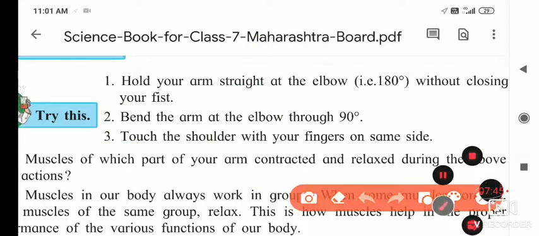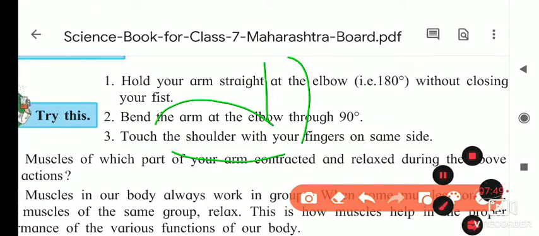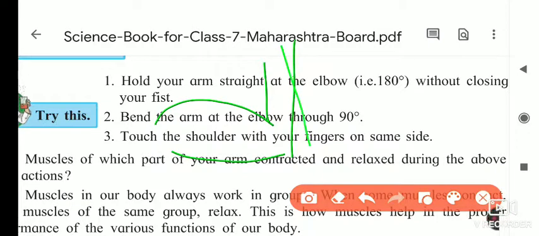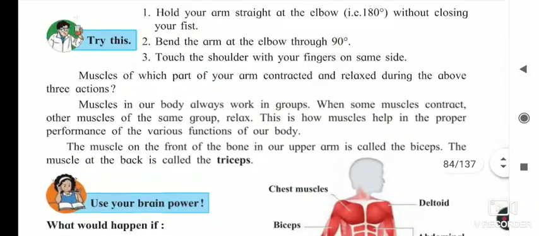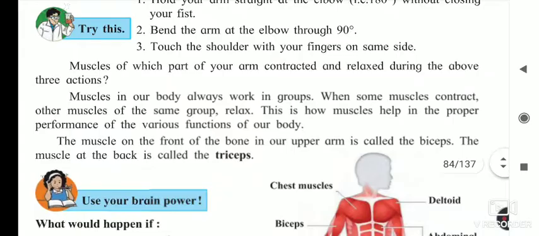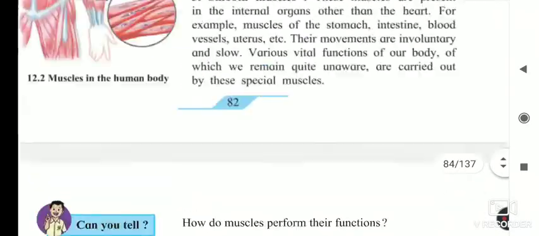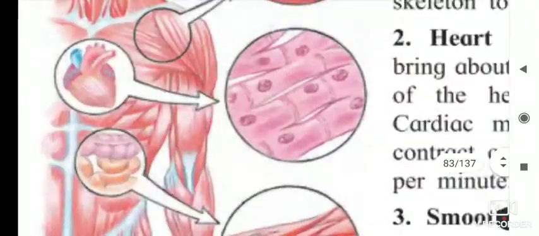Now you will notice that the upper part of our arm shows a muscular bulge. These are called muscles. Now, the muscles of which part of your arm are contracted?